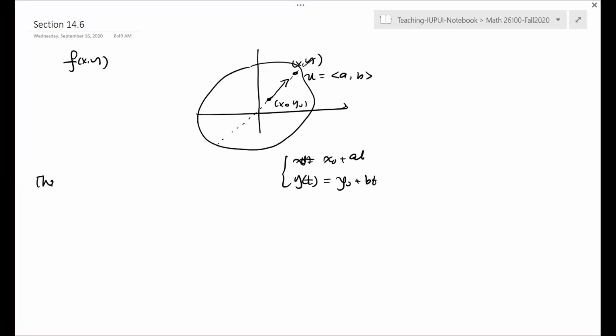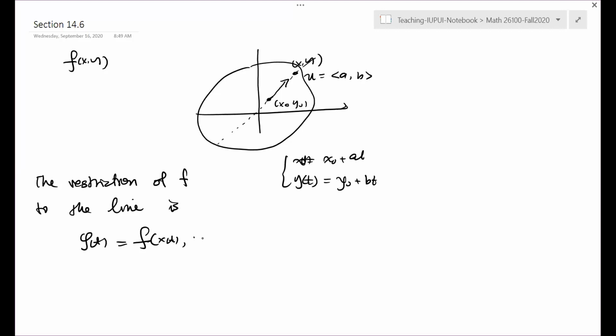So the restriction of f to the line is a function of t, that's actually going to be f of x(t), y(t), right?